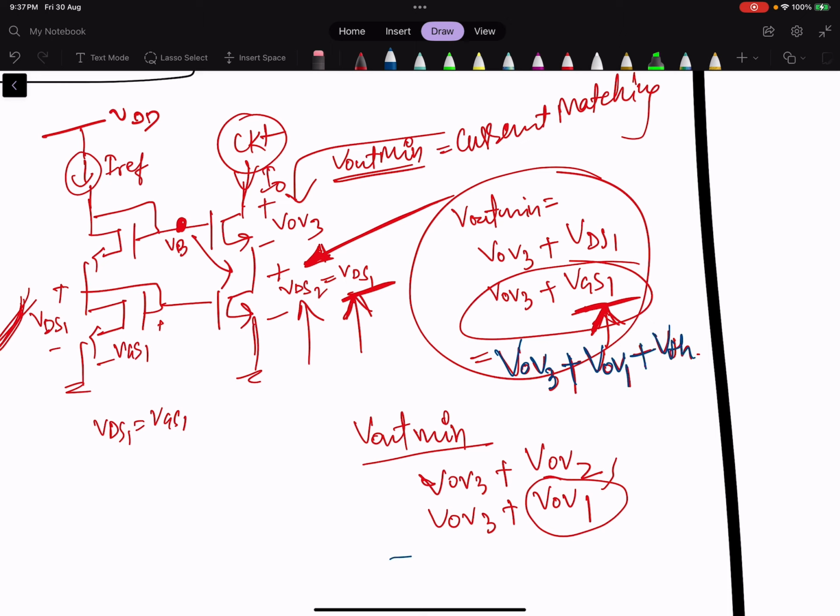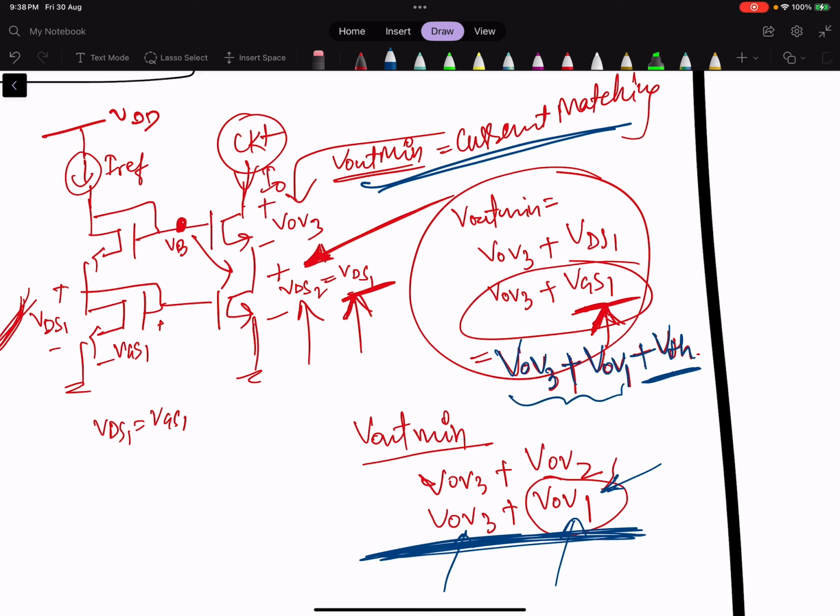The minimum we needed from the circuit, we assumed, should be overdrive voltage of 3 plus overdrive voltage of 1, but for actual proper current mirroring, it is more than the overdrive voltage of 2; above that we have the threshold voltage of 1 or 2.